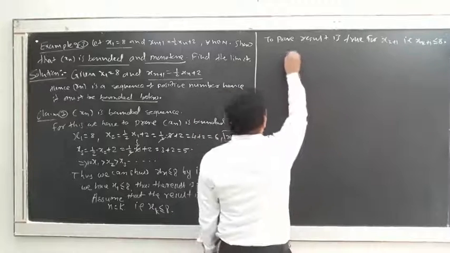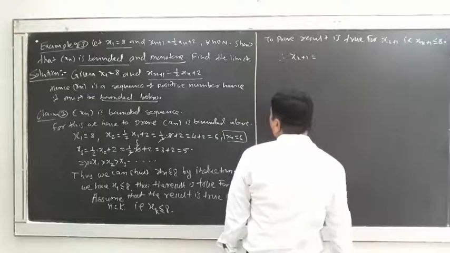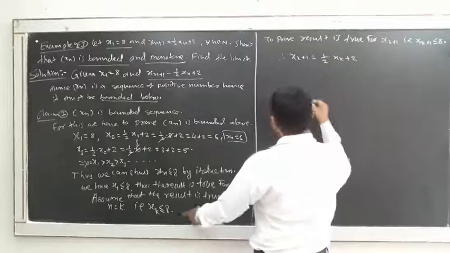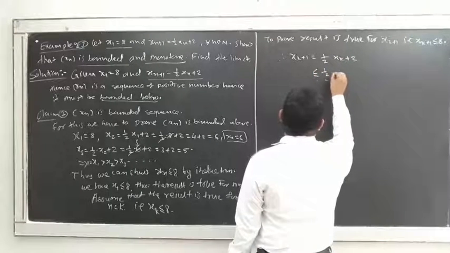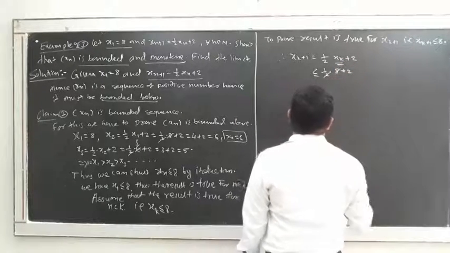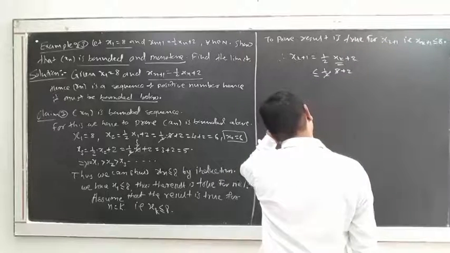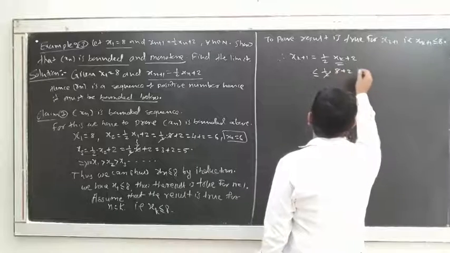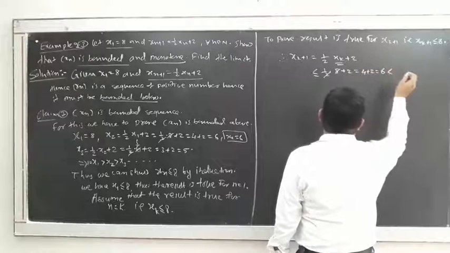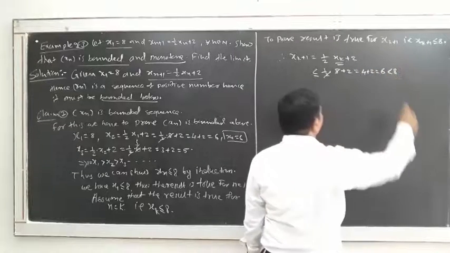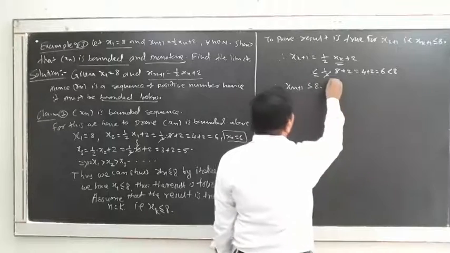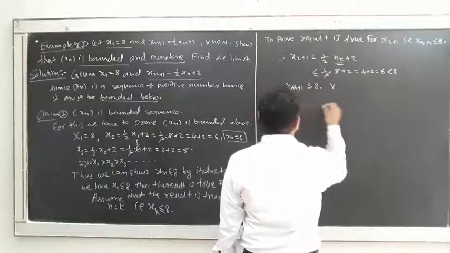So we have xk+1 equal to 1/2 xk + 2, and it is less than or equal to 1/2 into the maximum value of xk, which is 8, plus 2. This is equal to 4 plus 2, which is 6, and it is strictly less than 8. Therefore xk+1 is less than or equal to 8.